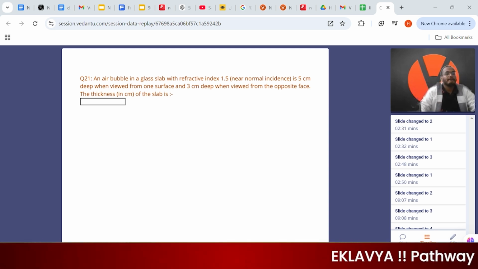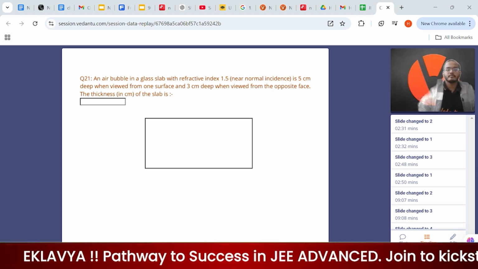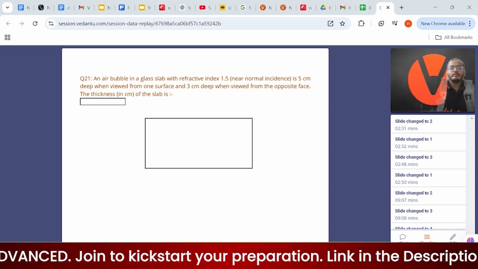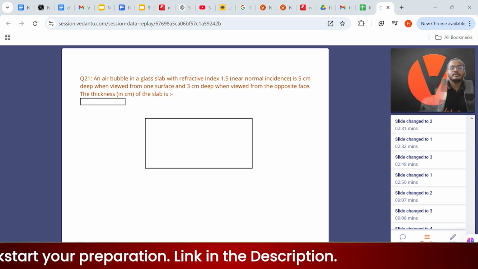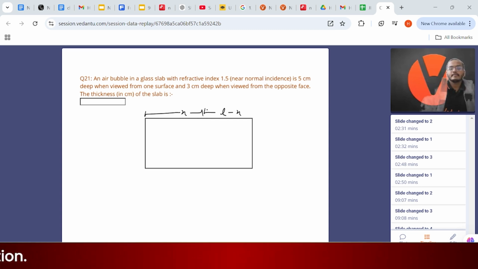First, let us draw a diagram for this. Now, let's suppose its whole length is L. This is x distance, so this will be L minus x.